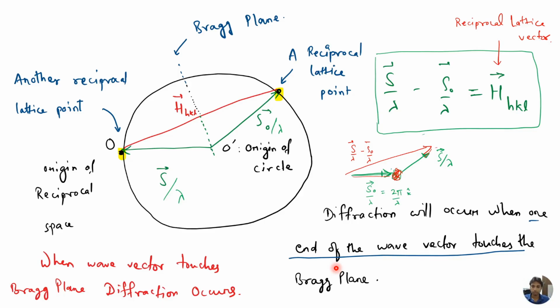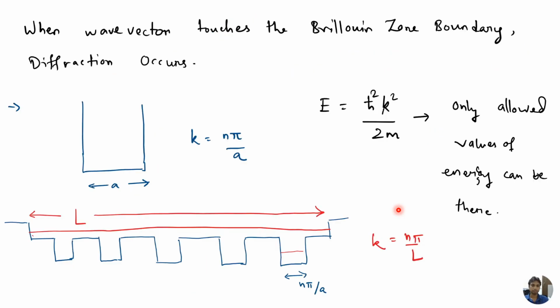So this tells you the condition between your probe wave vector and how your crystal should be such that diffraction will occur. Now let us try an example. When a wave vector touches the Brillouin zone boundary, diffraction will occur. What is the Brillouin zone boundary? It is a Bragg plane. This is clear, right? A Brillouin zone boundary is a Bragg plane.